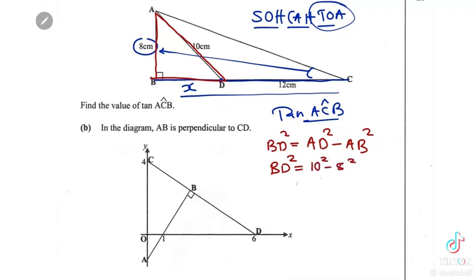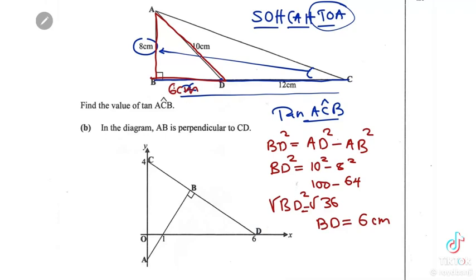Is 8 square. So you're going to have 100 minus 64. That is 36. So BD square, square root, and we are going to have BD is equal to what? 6 centimeter. So this is 6 centimeter.